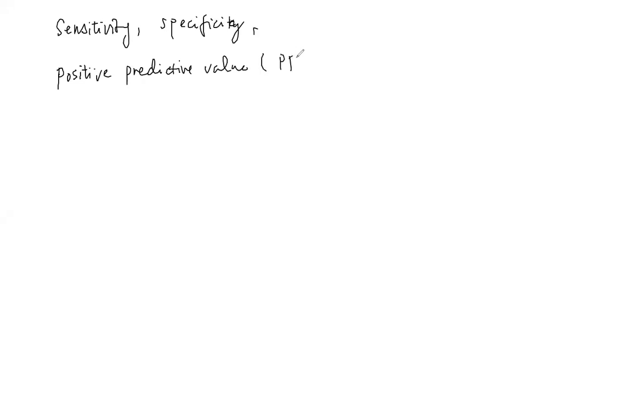All right, so now I want to follow up on the... Before that, let me quickly cover the definitions of the following metrics: sensitivity, specificity, then something called positive predictive value, PPV, and the negative predictive value, NPV.